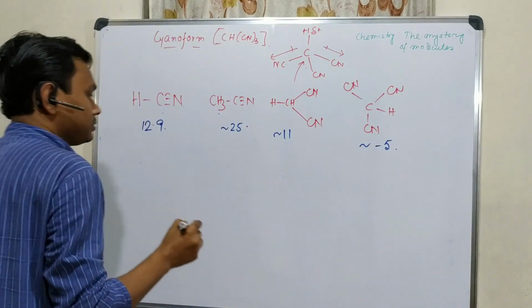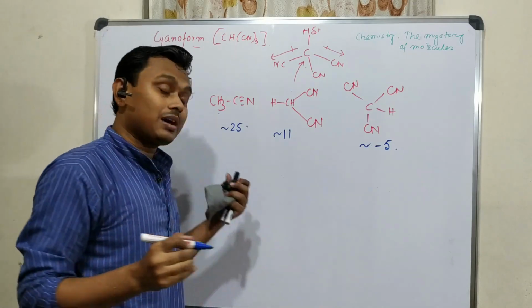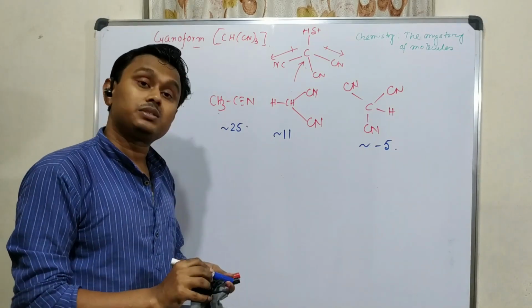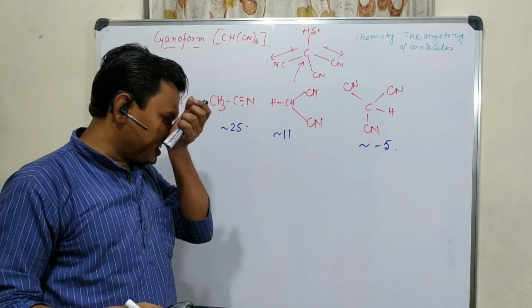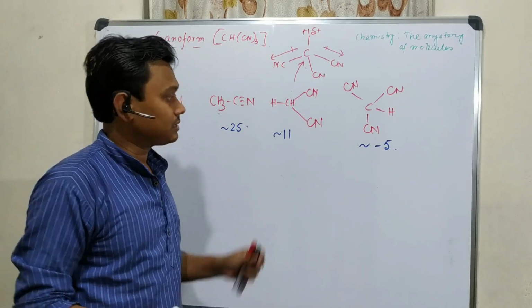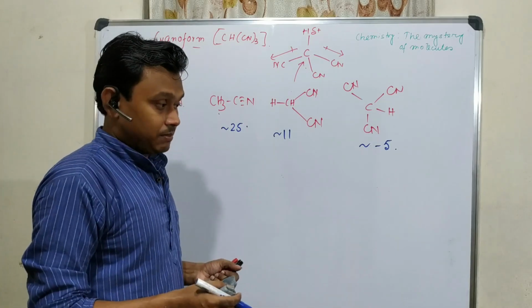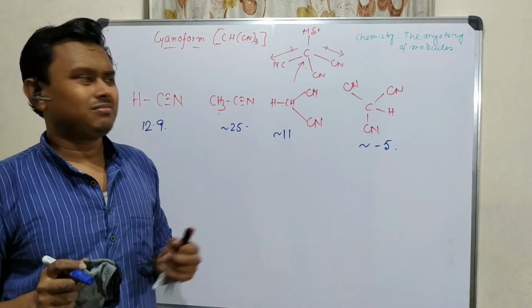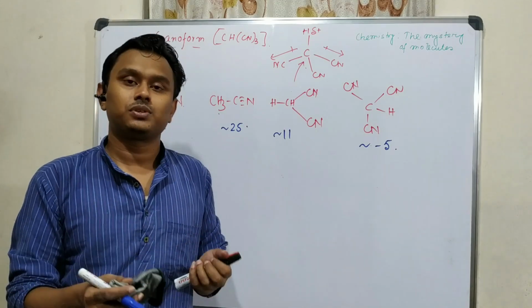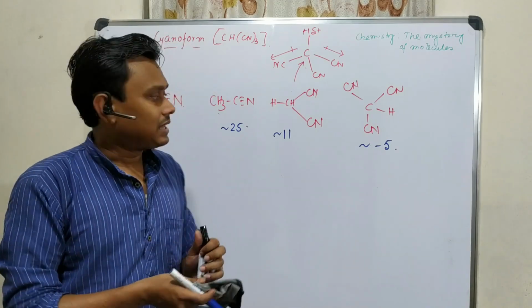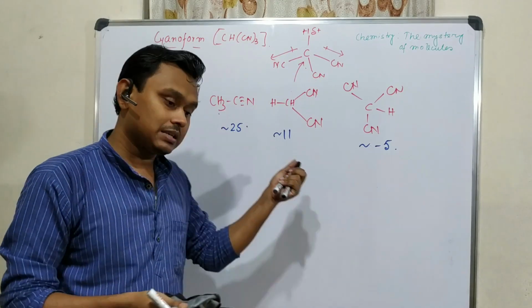Actually, I suggest you don't memorize these pKa values because this differs based on the solvent. Some pKa values are taken in water, some in DMSO. But for your purpose, it is not that essential. You need to know only the comparative study, which is stronger, which is weaker. That's why I suggest you never memorize.